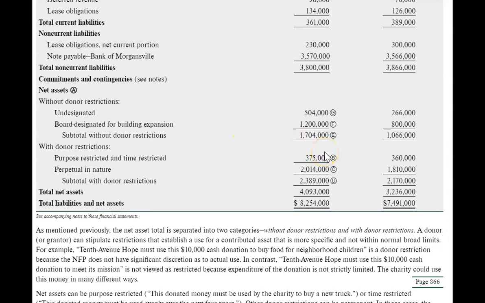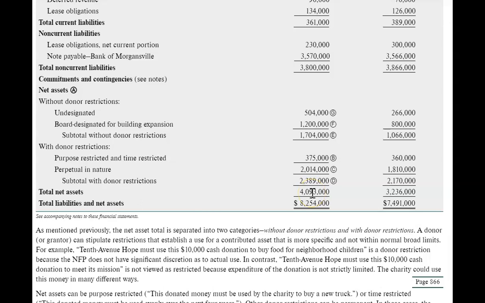Their total without restriction is 1.704, and here you will also see with restriction. If you add these two amounts, 2.38 and 1.704, you will get their total net assets.